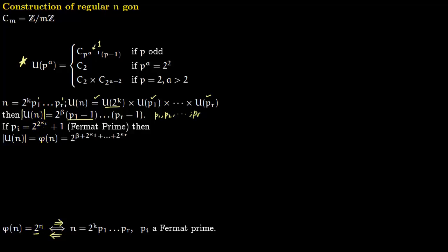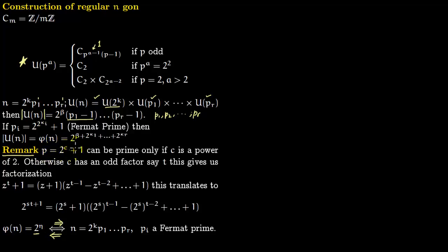The remark is: say you have a prime of the form 2^c plus 1. We are saying that primes of this form can only be prime if c is a power of 2, that is, 2 to the power of 2 to the power of something.